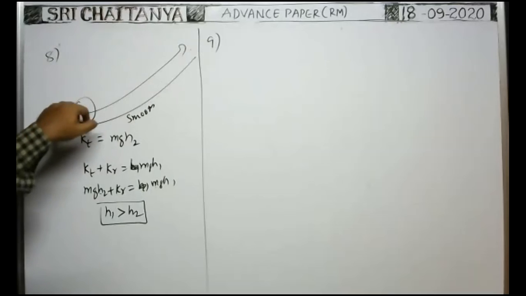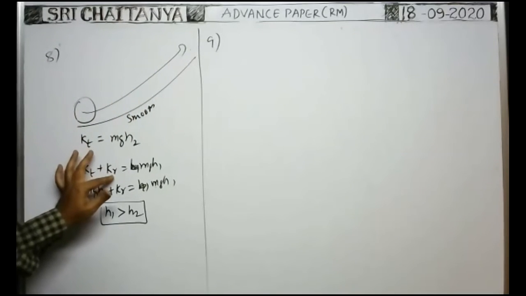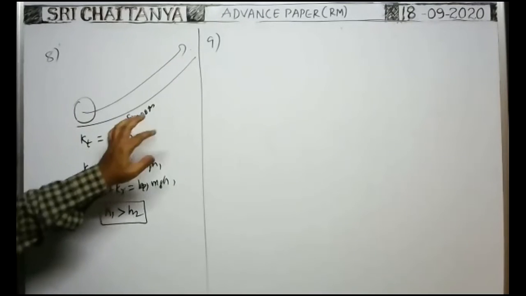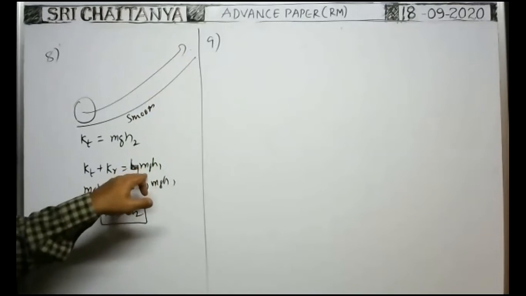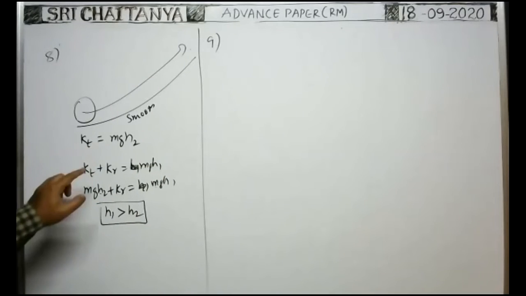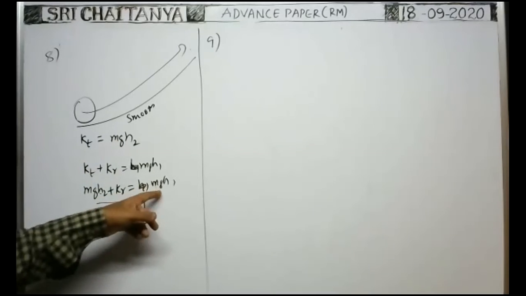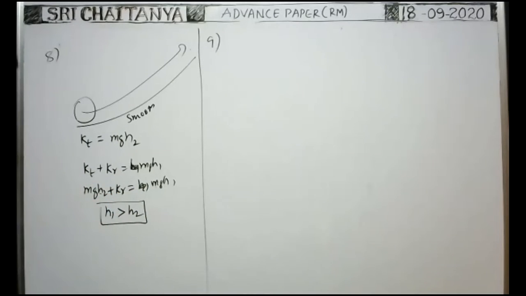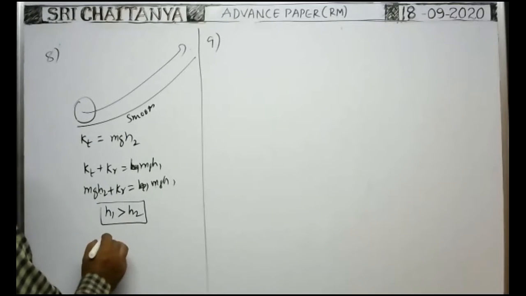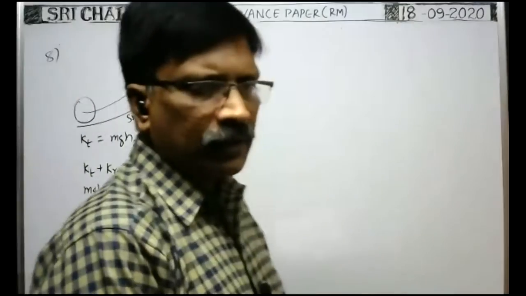While rolling without slipping, initially it has translational kinetic energy plus rotational kinetic energy, that is equal to potential energy mgh1, according to the law of conservation of energy. Then Kt is equal to mgh2, I substituted here. From this, definitely h1 is greater than h2. Option C is correct. Okay, next, all of you see the 9th problem.